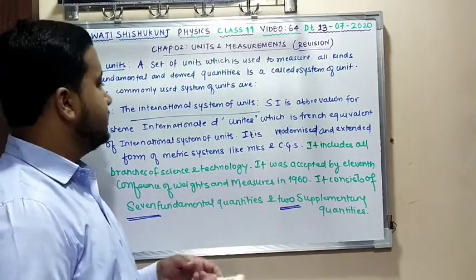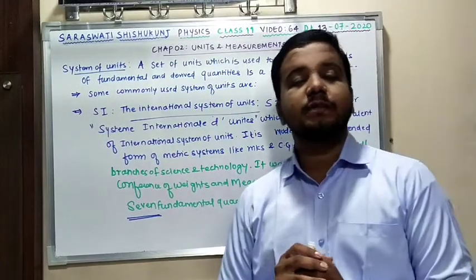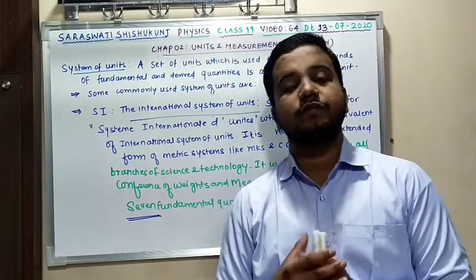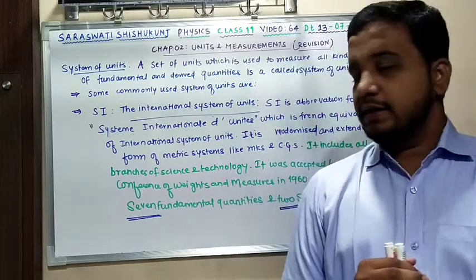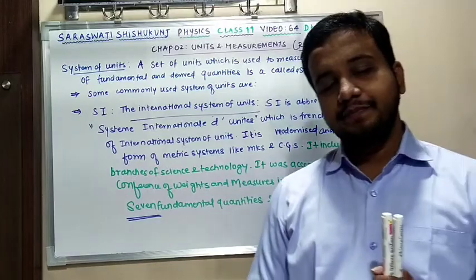Again, I am repeating the summary. SI is nothing but the International System of Units. SI is the abbreviation for Système International des Unités, which is the French equivalent of International System of Units. Next point is modernized and extended form of what? Metric systems like MKS and CGS.